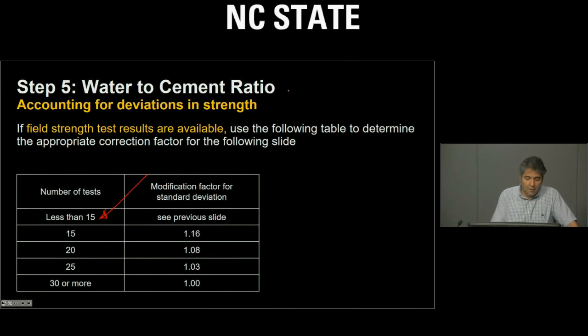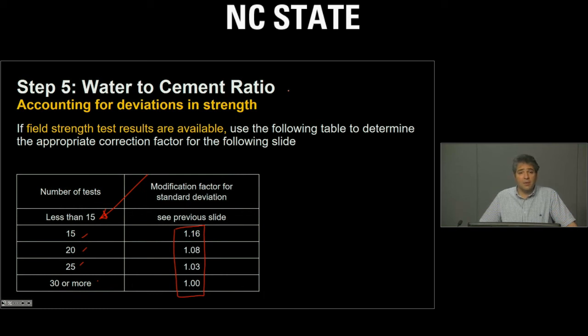If 15, 20, 25, or 30 or more are available, this table will give us a coefficient. Let's think about this as a correction factor. Then we will ask, okay, what is the standard deviation of your measurements? I think all of you can calculate standard deviation if you have a bunch of data given to you. So we will ask, what is the standard deviation?